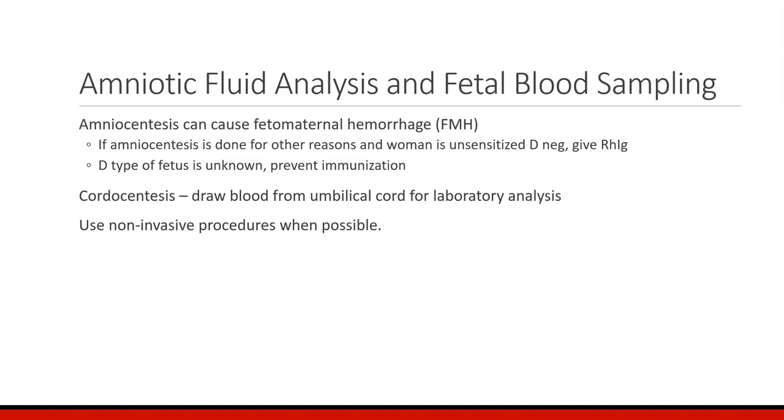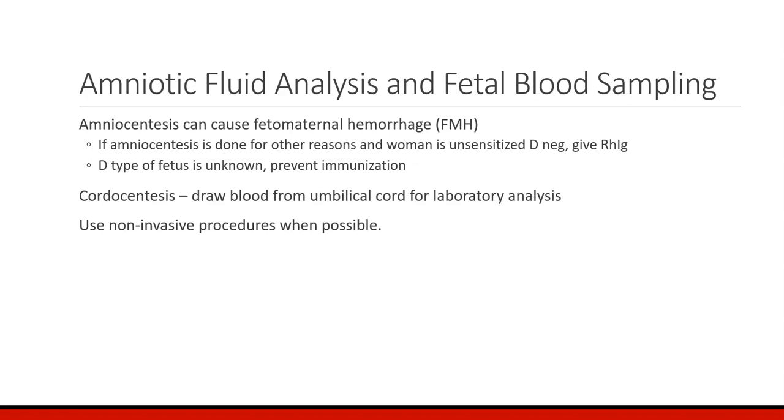If amniocentesis is done for other reasons, and the woman is unsensitized D-negative, we're going to give her Rh immune globulin. I want to say that one more time. I don't know all the reasons they do this procedure, but if it's done on a woman who is D negative and she does not have anti-D, then we will give her that Rh immune globulin.